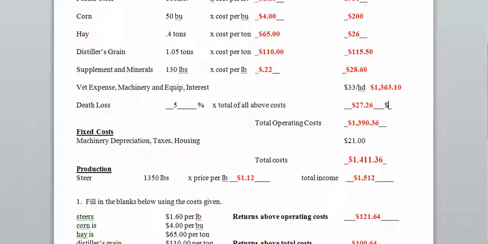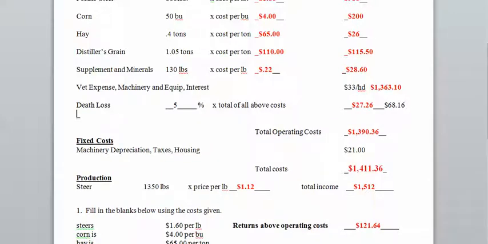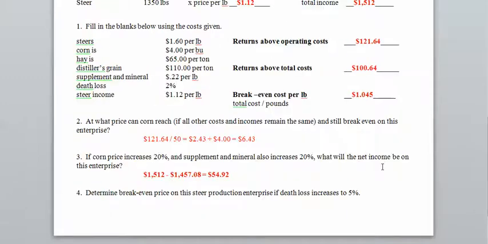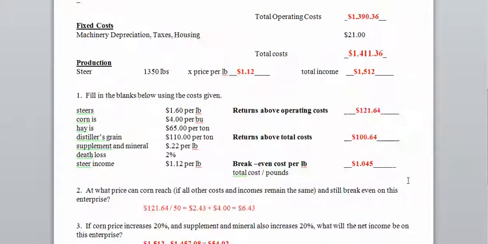Wow. And that now goes to $68.16. Or, in other words, an increase of $40.90.